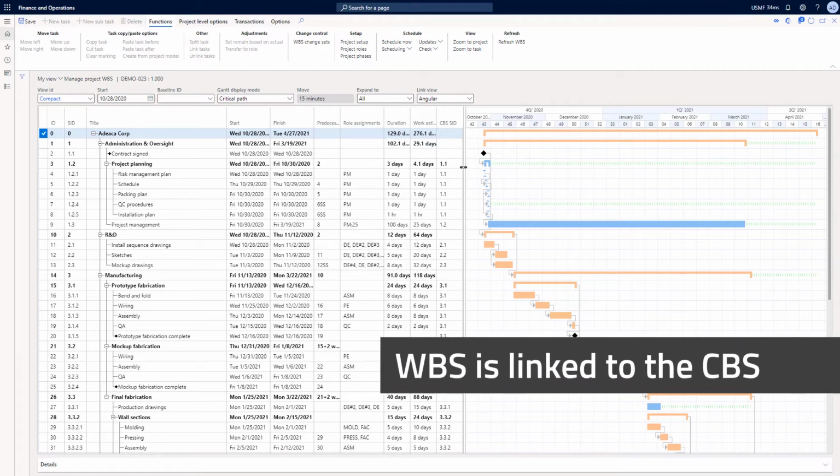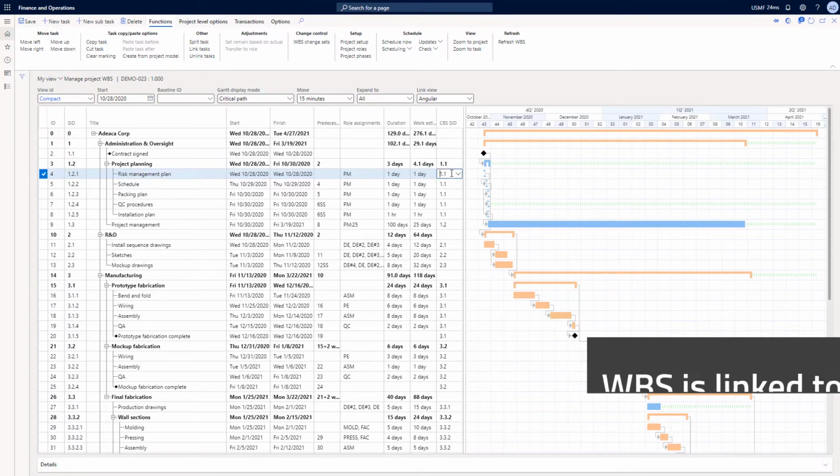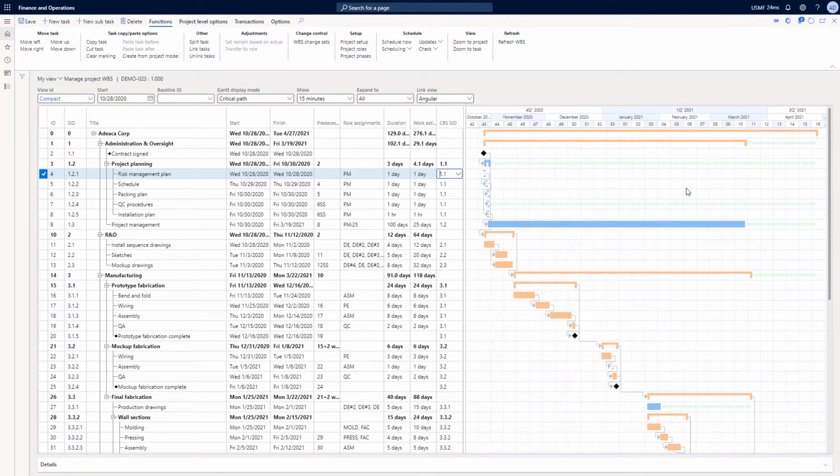You can also see that it actually links back into the CBS. So this task here, which is my risk management planning, is linked into an element, an account in my CBS as well. So even though they're separate, they are still connected and they're still linked. But the important thing is that the way I construct my WBS needs to be with the operational controls in mind.